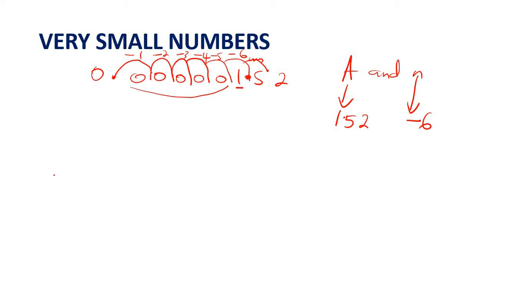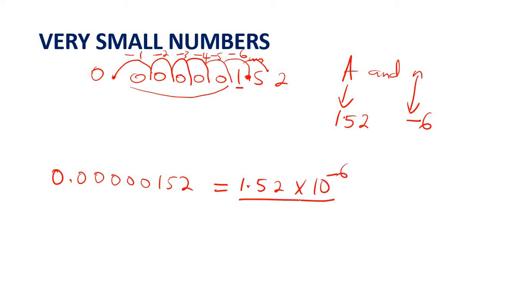So with this, I have the small number 0.000000152 equal to 1.52 times 10 raised to the power -6 in standard form. Is that clear? So for small numbers, the power of 10 is negative. For large numbers, the power of 10 is positive.